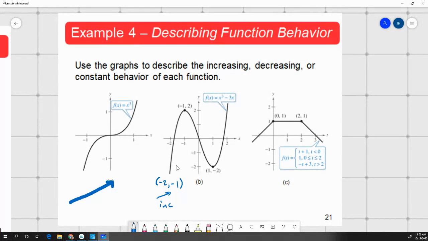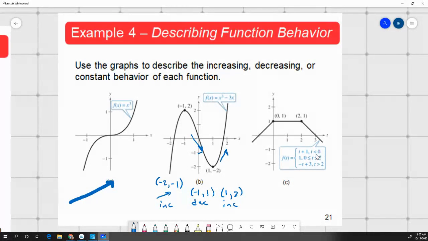But if we look at it in terms of -1 to 1, what's happening from here to here? Well, from left to right, it's decreasing. And then again, from 1 to 2, it's going back up again, so we are increasing. So you can usually visually tell what's happening here.